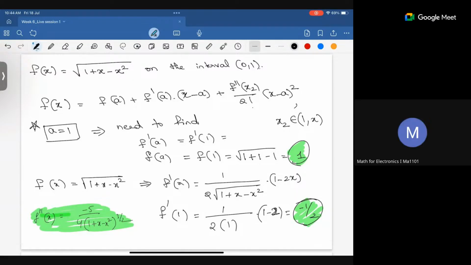Correct. And sir, I wanted to ask one more thing. Sir, the a value, how to consider the a value? It's like from the interval, the y value will always be the a value? No, a value, no. Mostly it will be given in the question itself. So even if you see activity 6.8, the same question in question 3, the second statement, state Taylor's theorem for linear approximation around x is equal to 1.